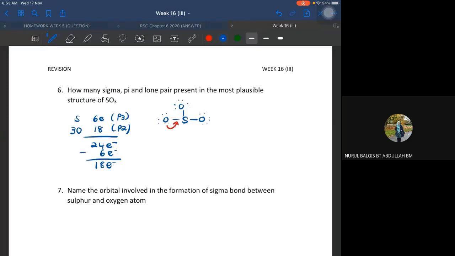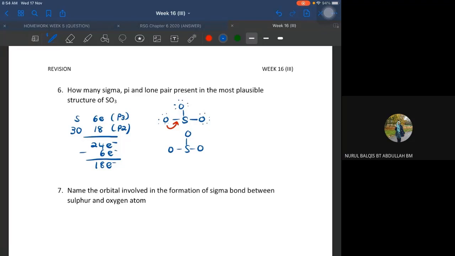Kalau donate situ satu, awak dah capai most plausible structure ke? Dah achieve belum most plausible structure? What do you understand from the term most plausible? Kena ikut priority kan? Betul, Miss. Okay, what are the 3 priorities? The first priority comes from all atoms must have zero formal charge.